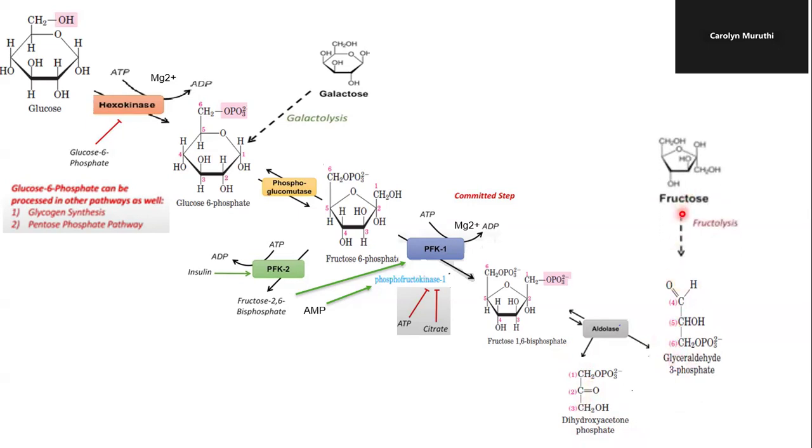The entry point of fructose is glyceraldehyde phosphate through the process of fructolysis. The other step involves an isomerization reaction where dihydroxyacetone phosphate is converted to glyceraldehyde phosphate. Therefore, at the end of the preparatory phase, we'll have 2 glyceraldehyde phosphate molecules produced.